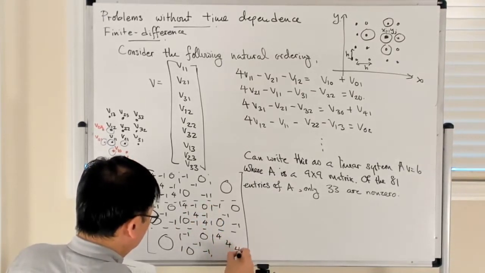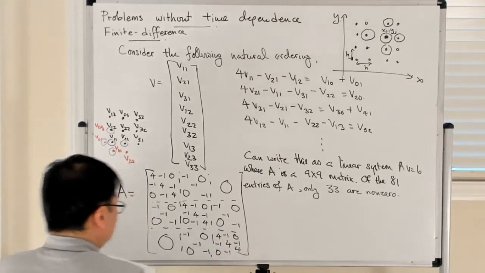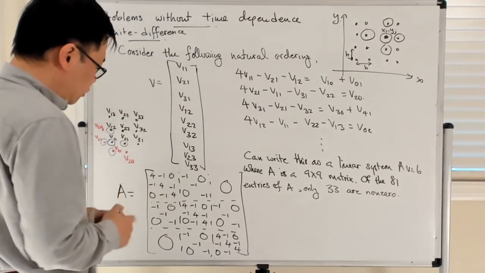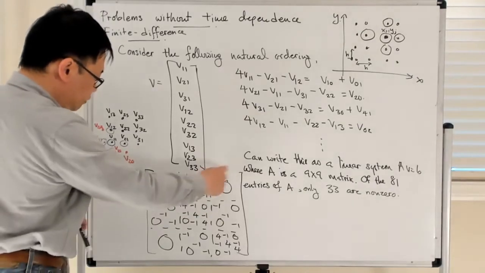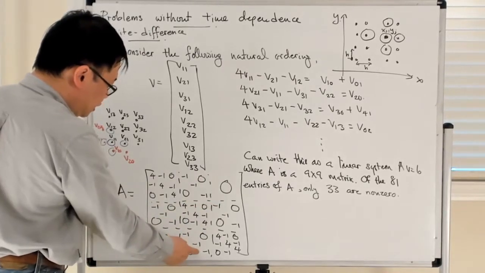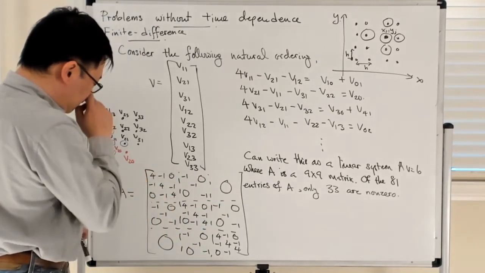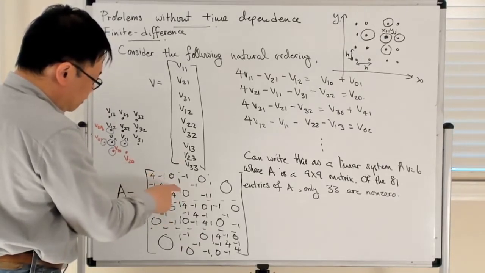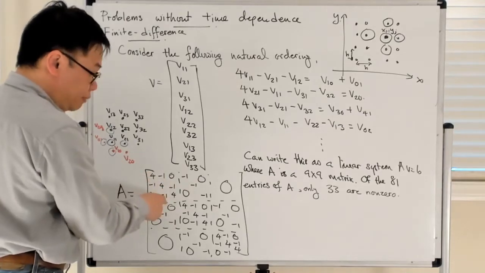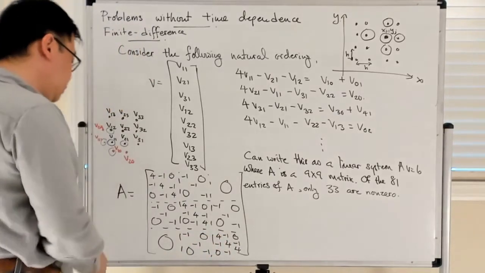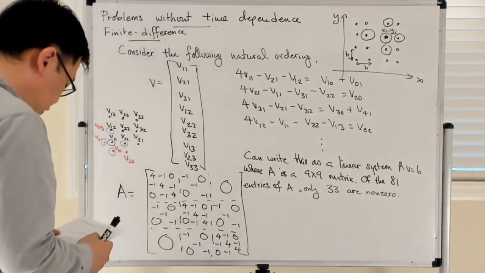If you look at this, there are basically three main types of blocks. There's the 0 block here, there's minus the identity here, here, here, and here. And then there's this block with 4s along the diagonal, and then minus 1s just up by 1 and down by 1, and the 0s elsewhere. And this shows up along the diagonal in this way. So this is what A looks like.